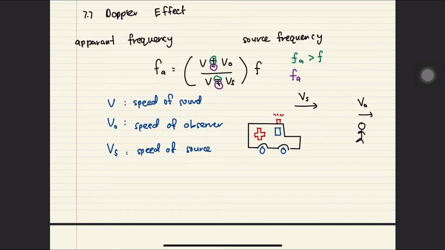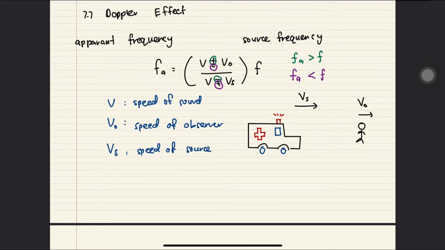In this case, f_A is less than the source frequency. So whenever you get a question, think a little: is it producing a higher pitch or a lower pitch? Higher frequency means you use the top one, so plus and minus. If lower frequency, you use the bottom one, minus and plus.